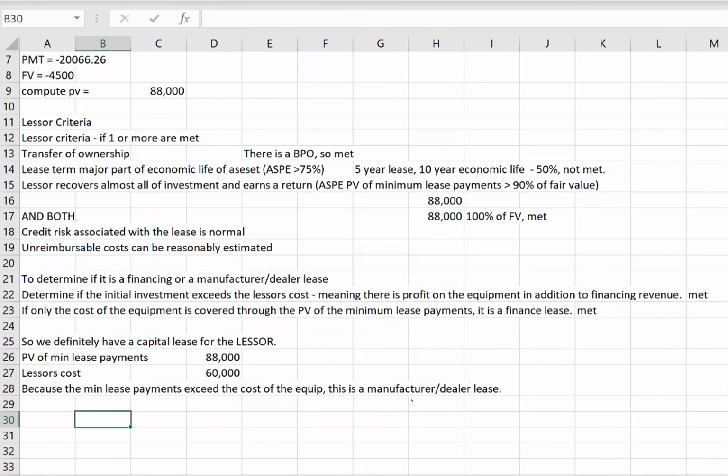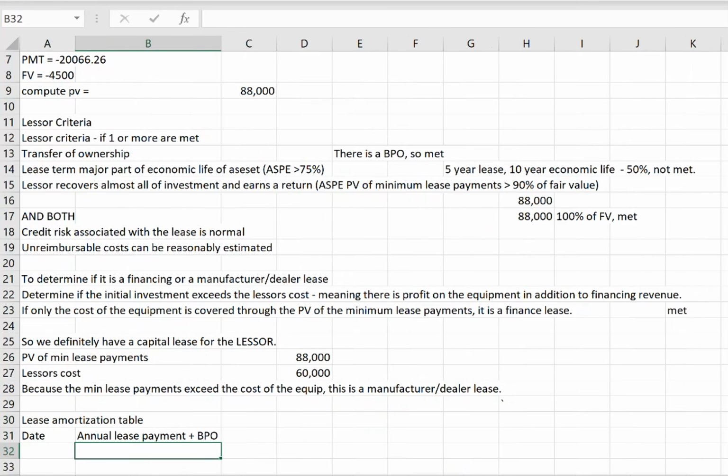We're going to have the lease amortization with the date, annual lease payment plus BPO, then the interest expense, then the reduction of the lease liability, and here the carrying value of the lease liability.